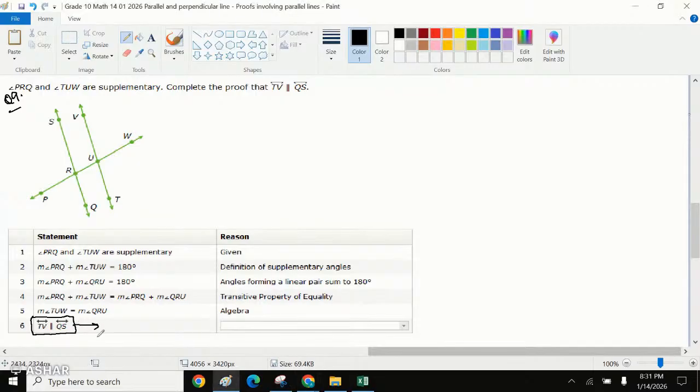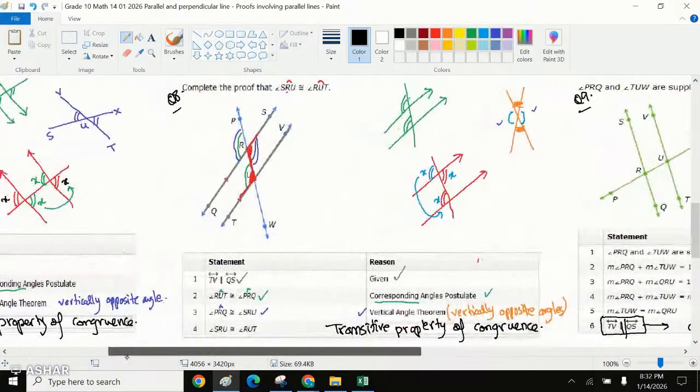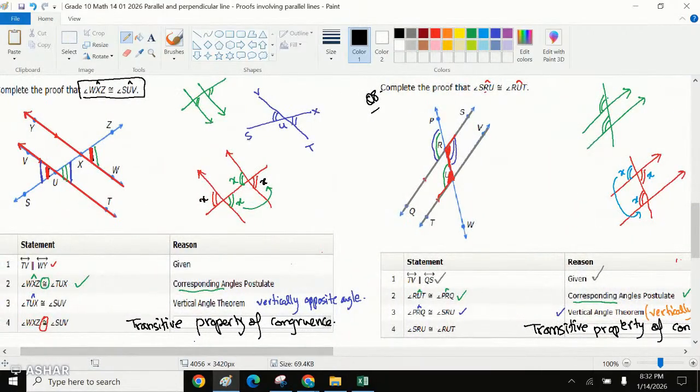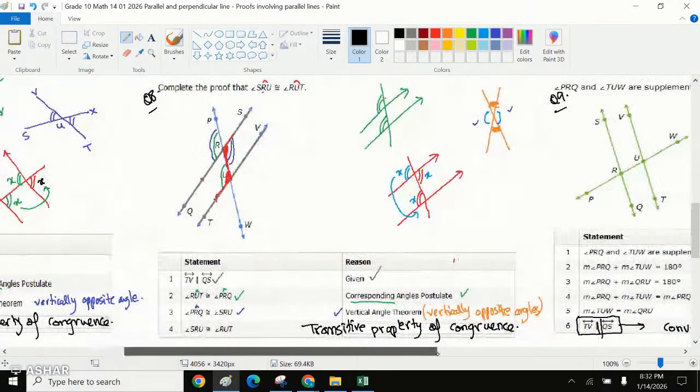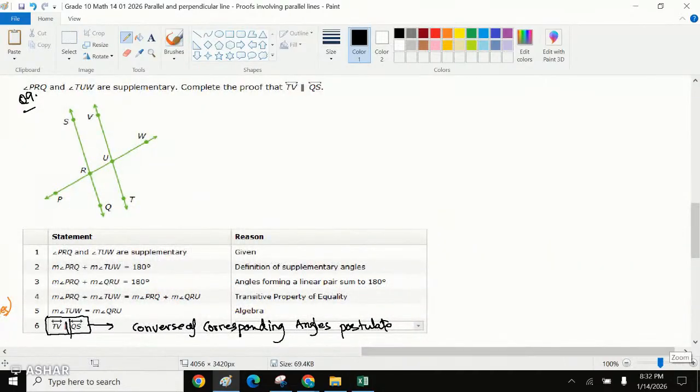Whenever they ask you to prove that these two lines are parallel, you will give this reasoning. Whenever they give you something like this, this would be the transitive property, right? So we already know that the answer would be converse of corresponding angles. But let's see how it is, right?